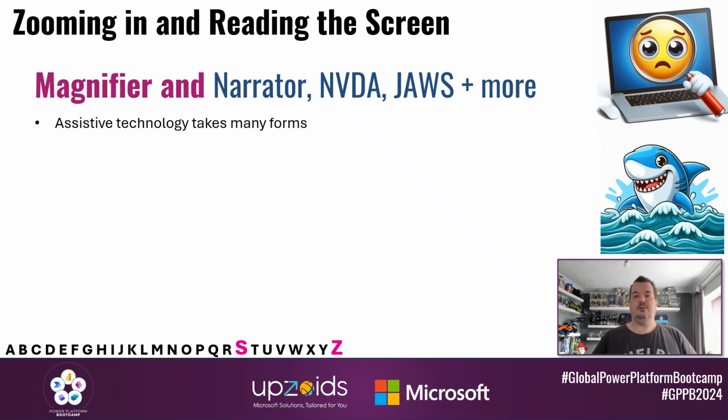Assistive technology, which is what we call the tools used for accessibility, takes a lot of different forms. It can come in the form of physical adaptations. So you think about the Xbox adaptive controller, the PlayStation adaptive controller that they've only just released.